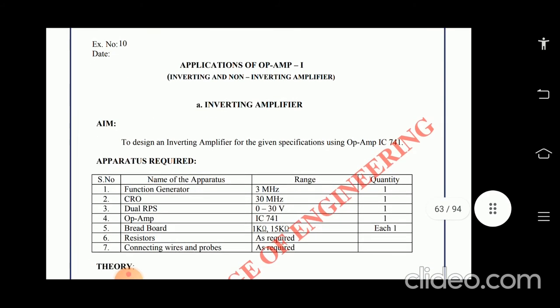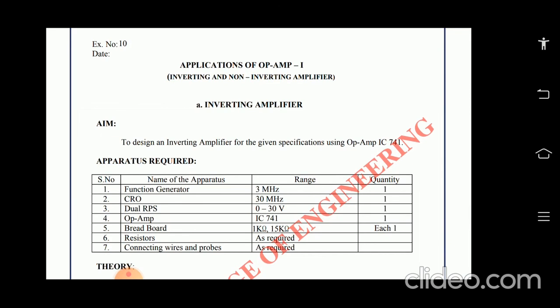Okay, hope you understand the concept of this inverting amplifier. So here I am summarizing it. Here we need to design the circuit diagram of our inverting amplifier by using our op-amp, that is IC741, since it is an application of an op-amp. After that you need to get the output waveform from the CRO.